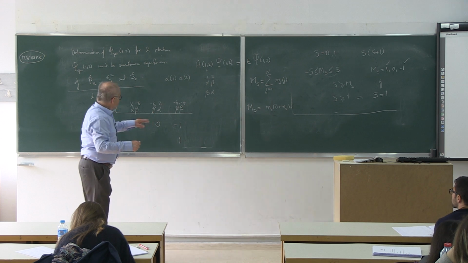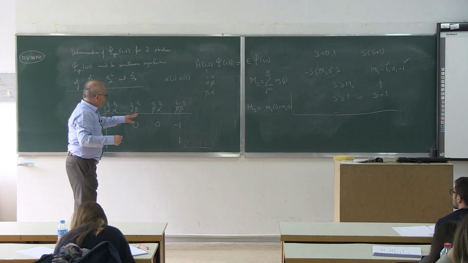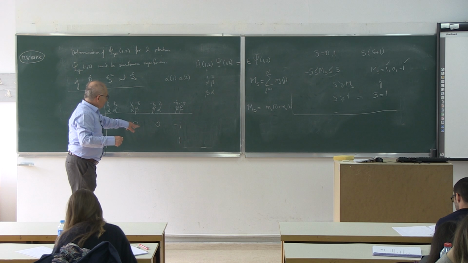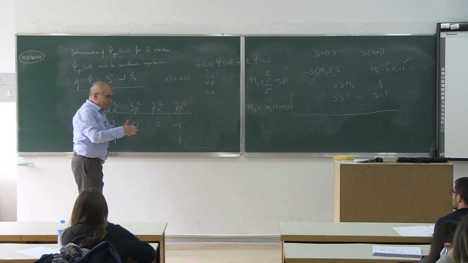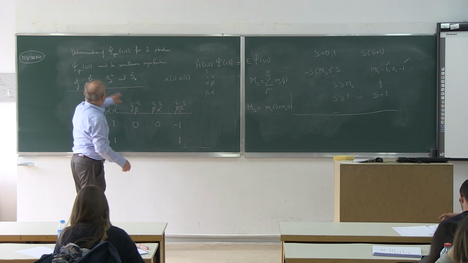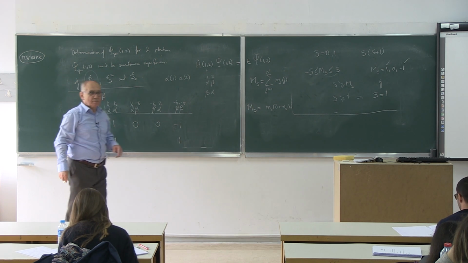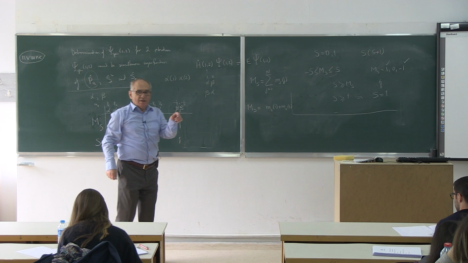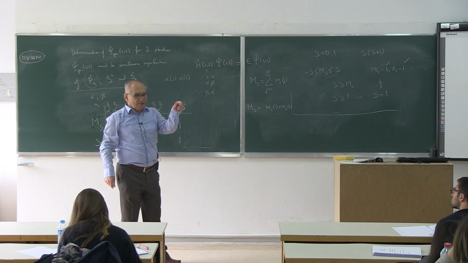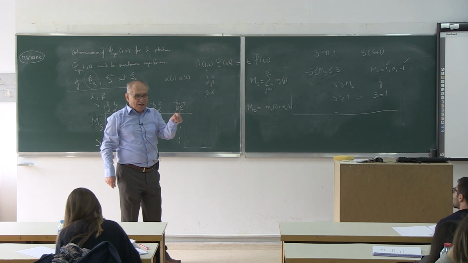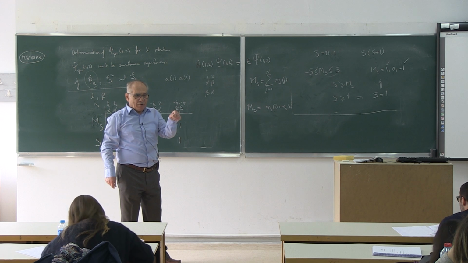Now, to find them, or to make them more explicit, we now turn to permutation. We know that the spin functions must be either symmetric or antisymmetric with respect to spin exchange.